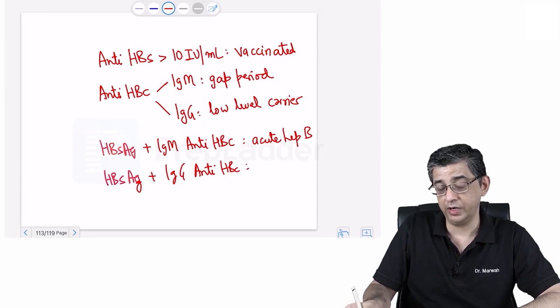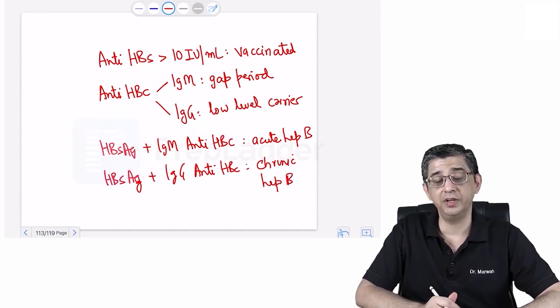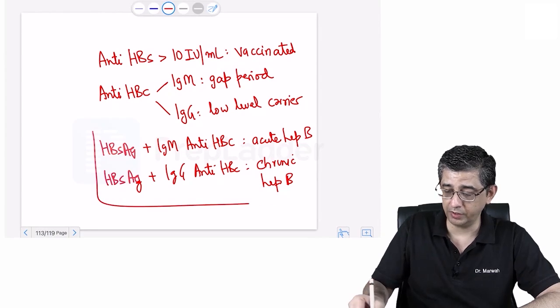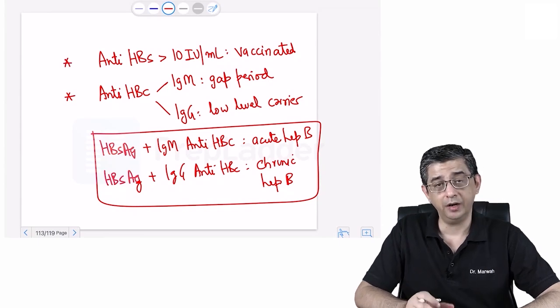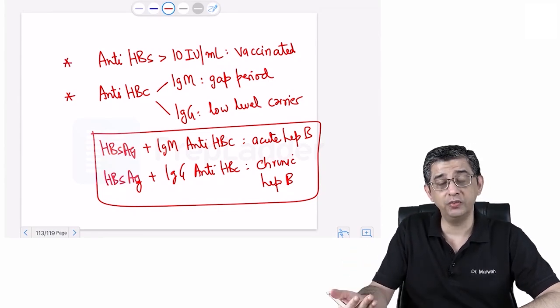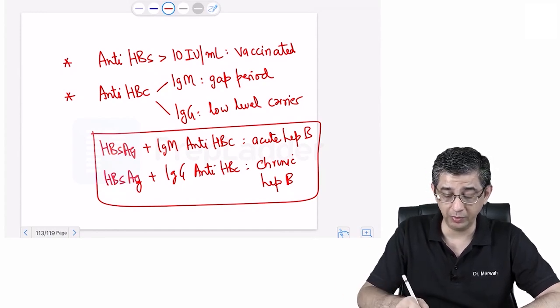And then I've already explained that E antigen will definitely add up to the chances of infectivity. The replication rate of the virus will dramatically grow up. So the same data has again been replicated before you, but I had to do this activity. I had to do the hard work of writing it and make you write it also, because then you will be able to remember this relatively better.